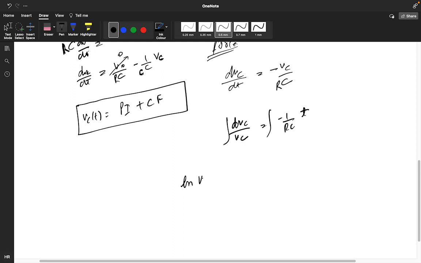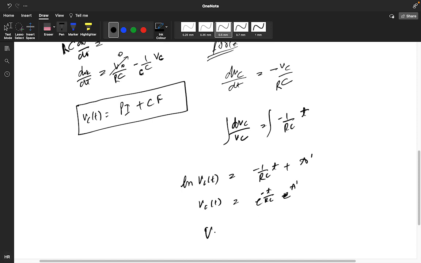ln VC of T is equal to minus 1 by RC into T plus some A dash value. And VC of T, what will you get? E power minus T by RC, or just take it like this, E power A dash, if all the things will be there.